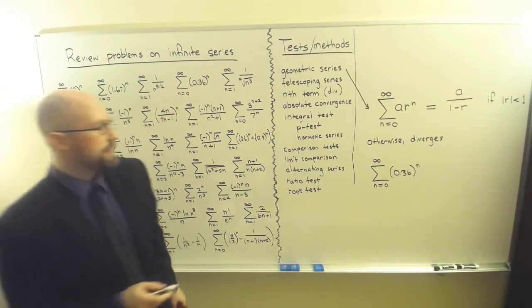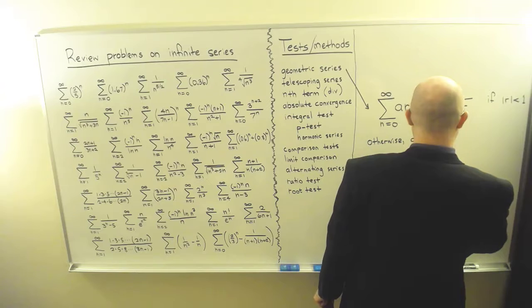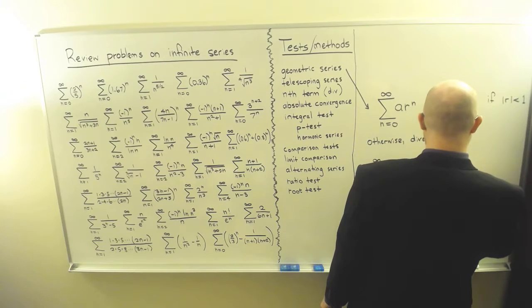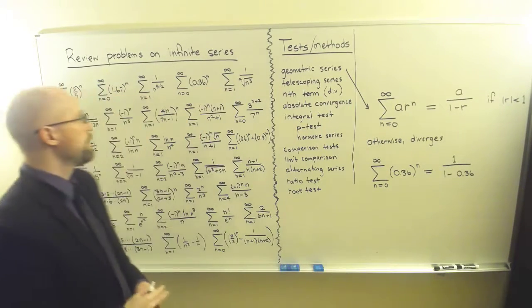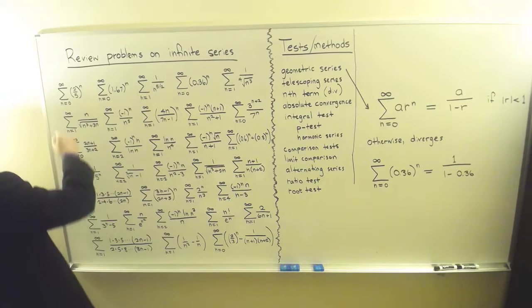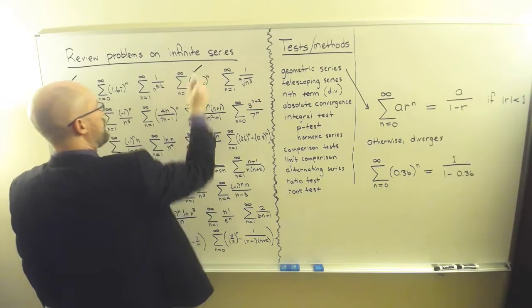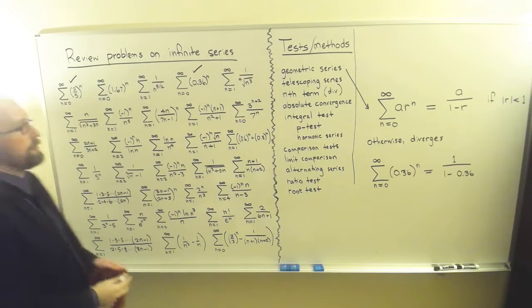And so this will be equal to 1 over 1 minus 0.36, since again the first term is 1 in this case. And those are easy. So we've got this one here and this one here, and we've seen not only that they converge, but we've seen what their sum is.